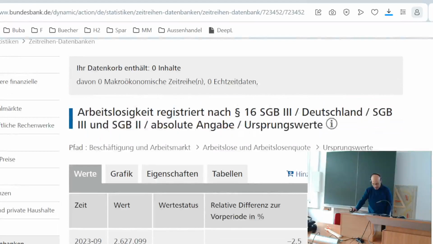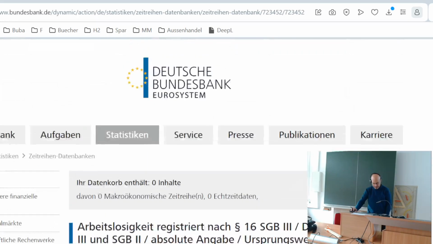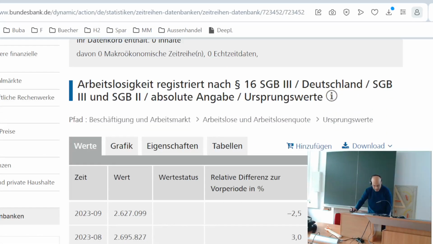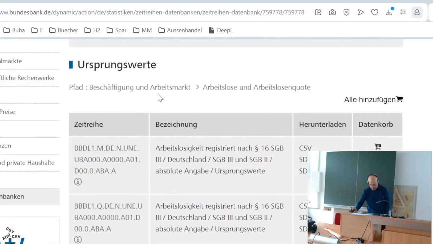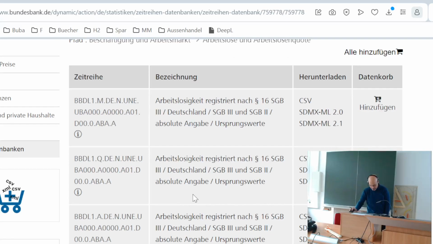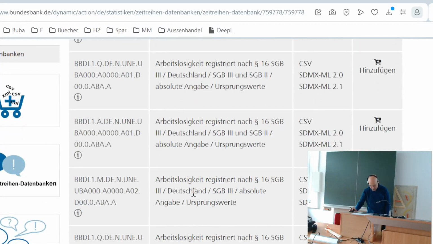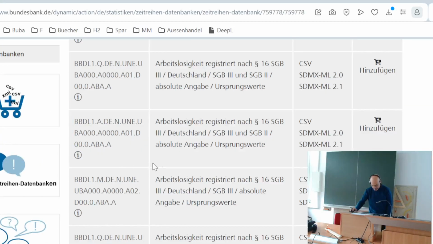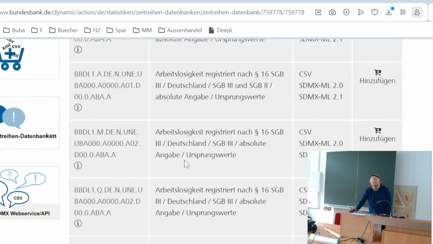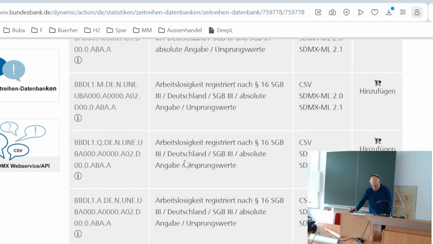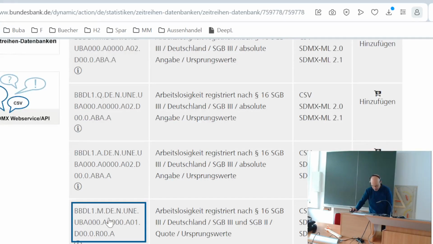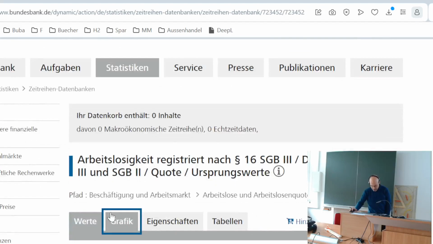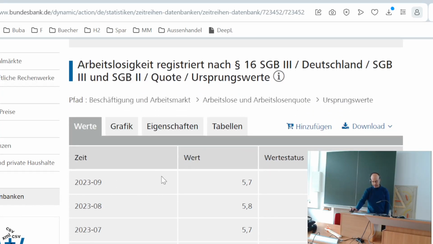And I think this one here will be the relative numbers, the quota. So these are then in percentage.